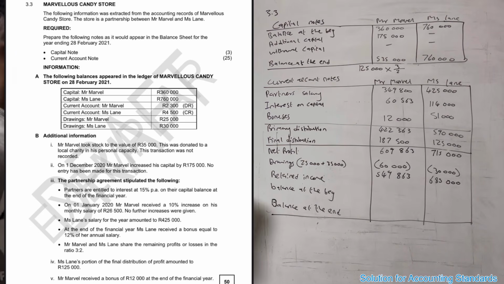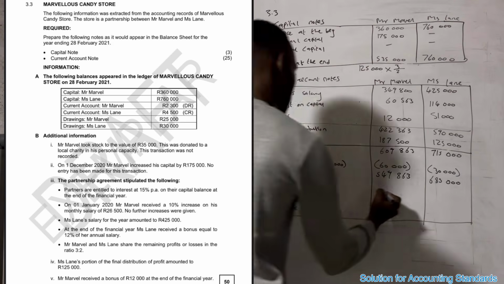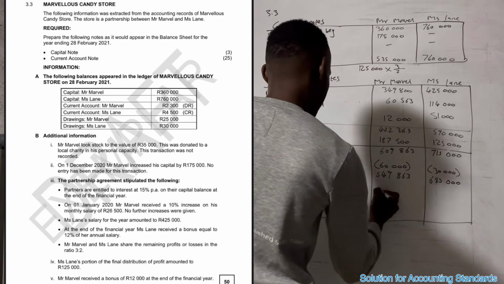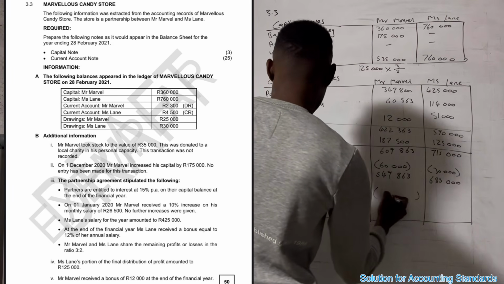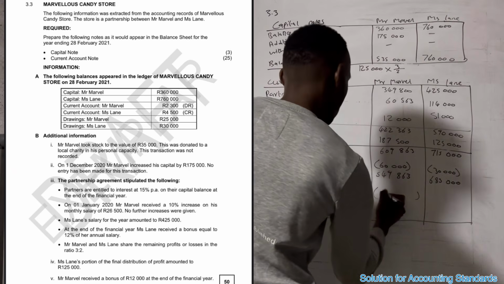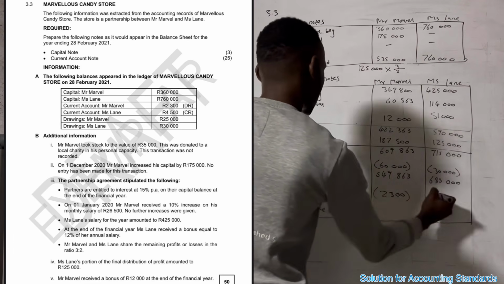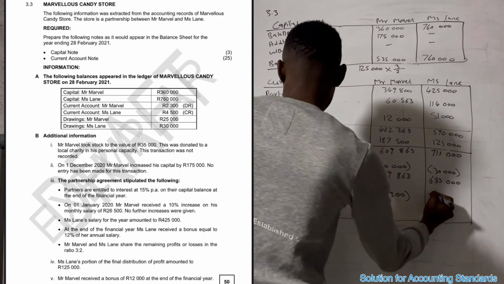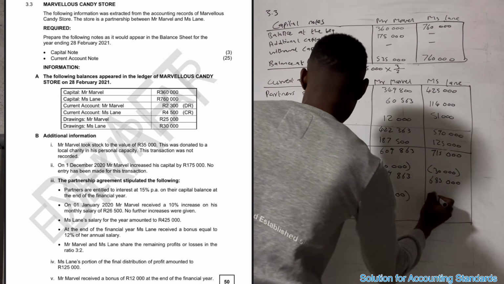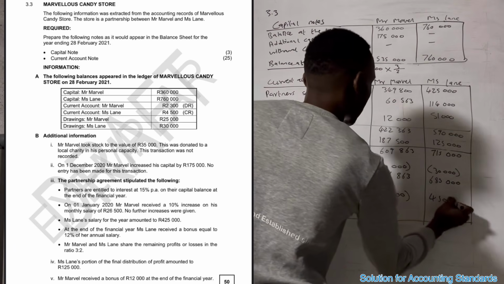Okay, and they said for Marvel it is debit, and you know that debit under equity is a minus, which means that it's negative. Balance at the beginning is negative 2,300. Okay, for this one, it's a credit, which means that it's positive 4,500.